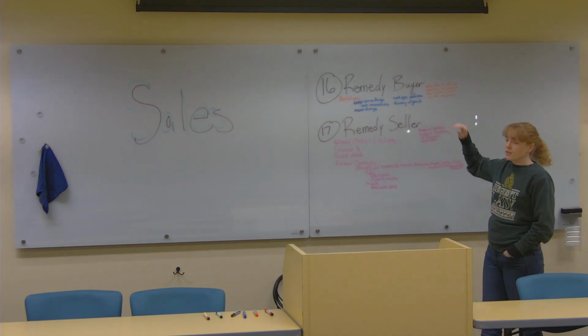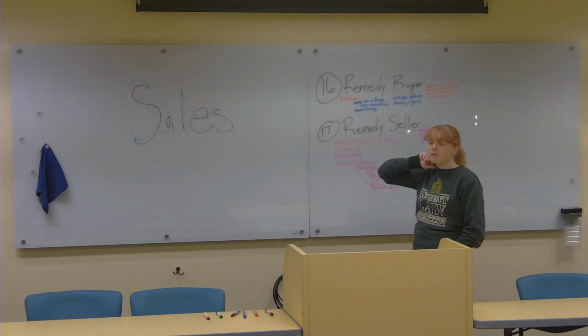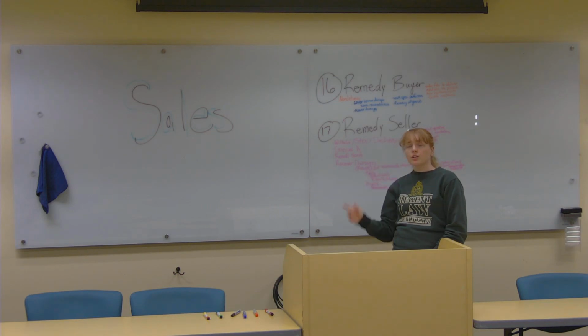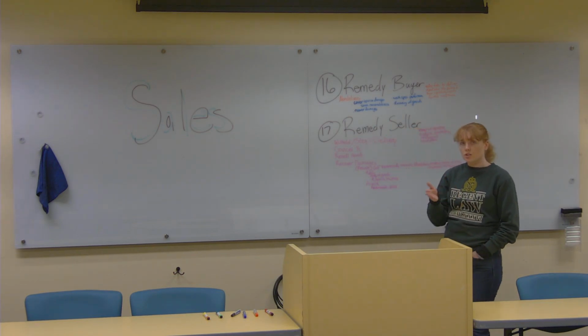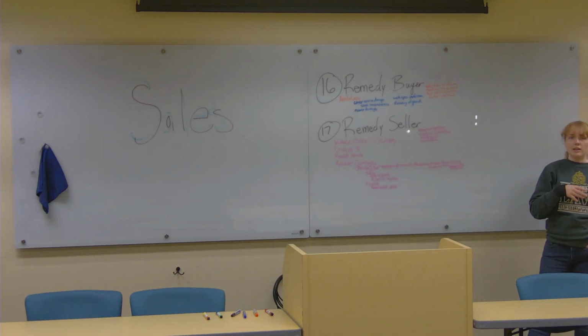Now, there's two other things that you can do. There is a calculation for recovering certain damages if the other party breaches. So if a seller breaches, there are some basic recovery calculations that are available to the buyer depending on what stage of the contract they breached and what the breach was caused by.